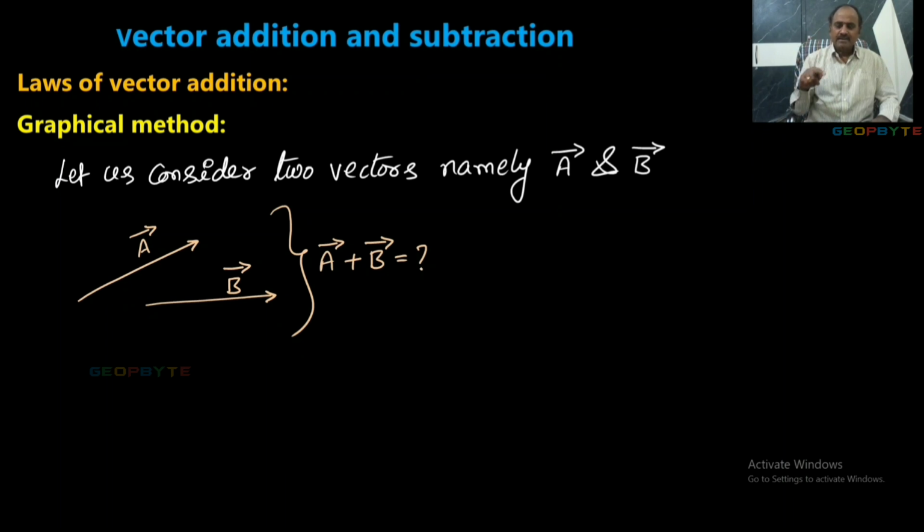While we were deciding the angle in the last video, we joined tail to tail and head to head. But here, for addition, you have to join the starting point of the second vector to the ending point of the first vector. The starting point is called tail, ending point is called head. Right?